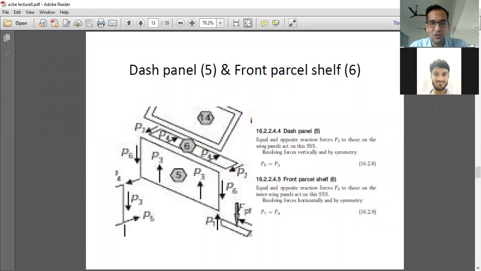Now when we go for the dash panel and front parcel shelf, there will be another loading condition.